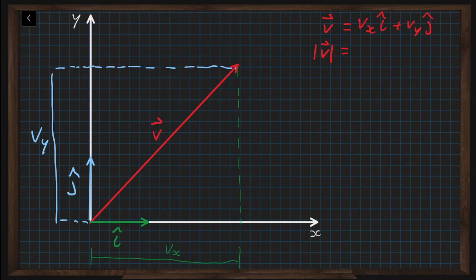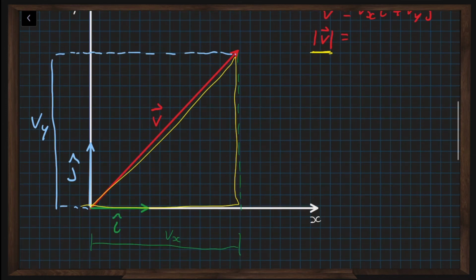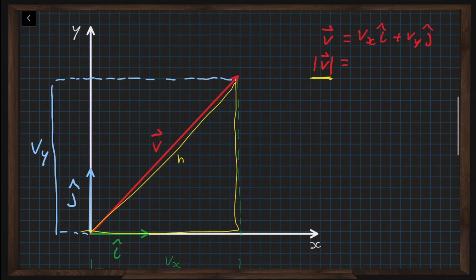I've previously used the example of speed and velocity, and I said that speed is the magnitude of velocity. So in our vector, we've already written down that we have some magnitude here. So how do we find what this magnitude is? Well, if you look at this whole thing, this just looks like a triangle. And we know Pythagoras' theorem. We know that we have this hypotenuse, we have the opposite, and we have the adjacent.